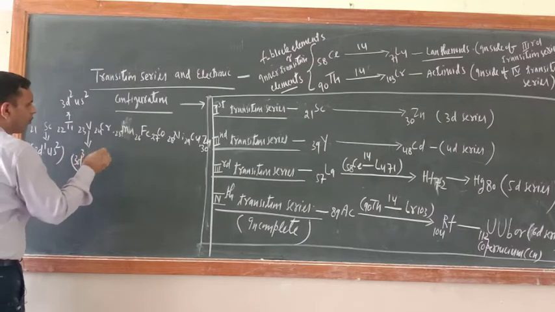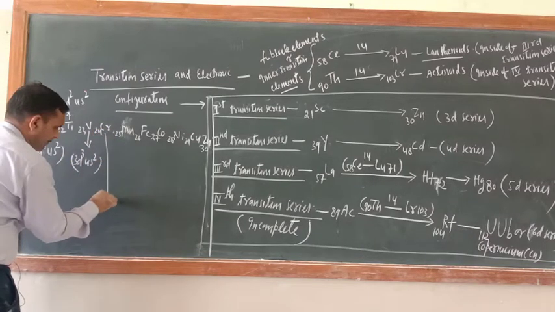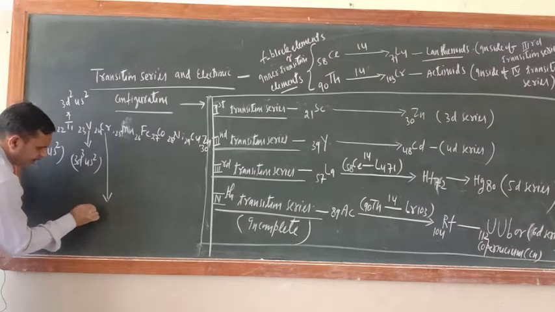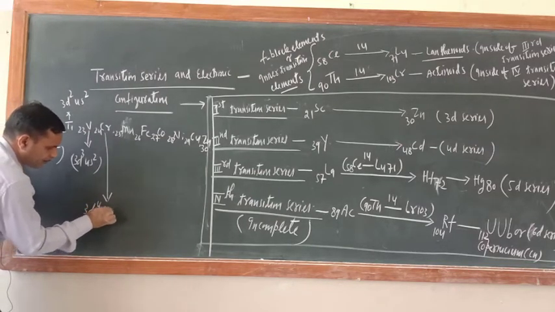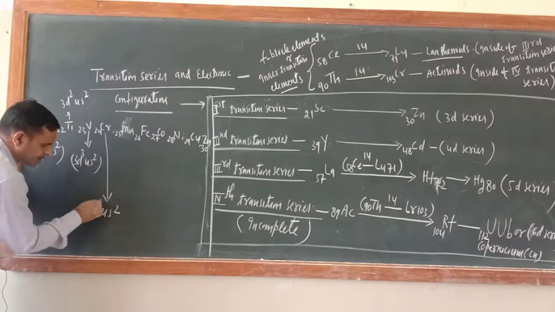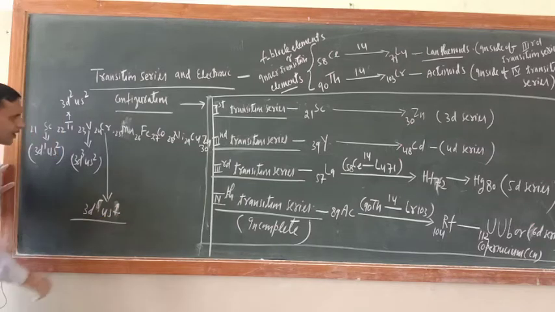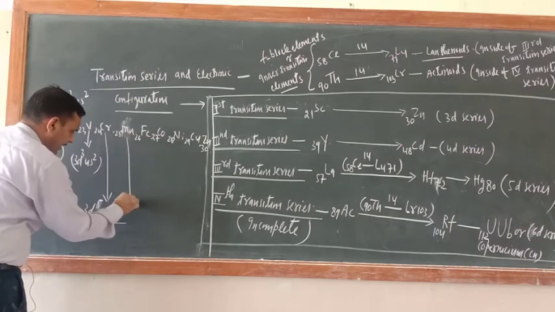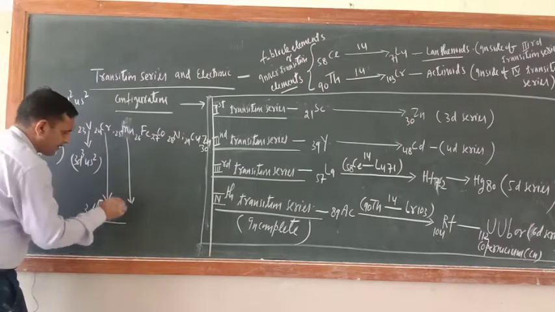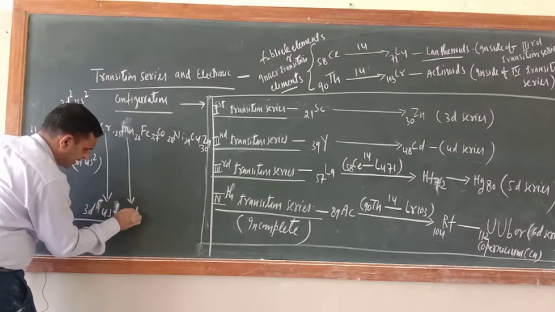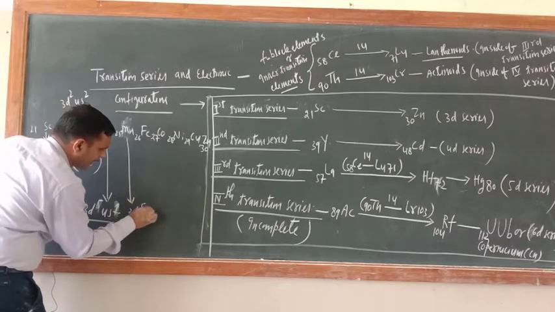Vanadium is 3d3 4s2. Chromium, the most important: it should have been 3d4 4s2, but it is 3d5 4s1. The reason I explained already. What about manganese? Manganese is 3d5 4s2.